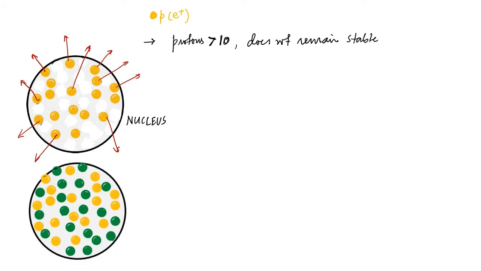Because the repulsive Coulomb force makes the protons fly apart, naturally we are not going to have a stable system.